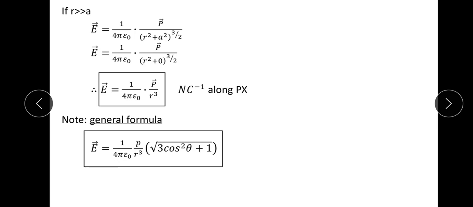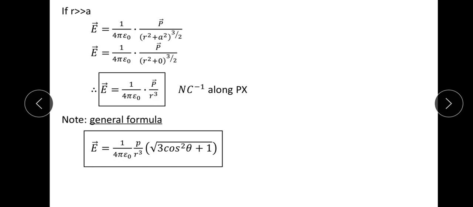If this theta is equal to 0, the point P will be along the axial line. Therefore cos theta becomes 1, and 3 plus 1 is root 4. So root 4 is 2. Therefore the equation becomes E is equal to 1 by 4 pi epsilon naught into 2p by r cube.